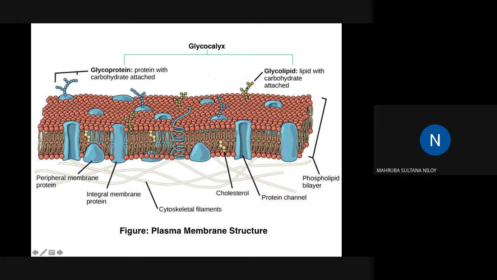So this glycocalyx may help them to interact with each other. These are actually like proteins or lipids, right? So this glycocalyx may interact with another lipid bilayer. So that's how they may maintain cell-cell interaction. Is it clear?